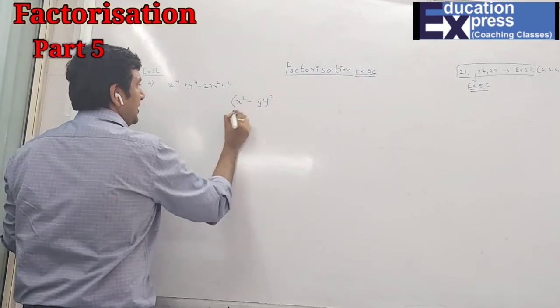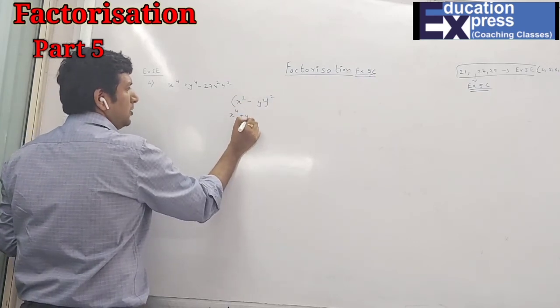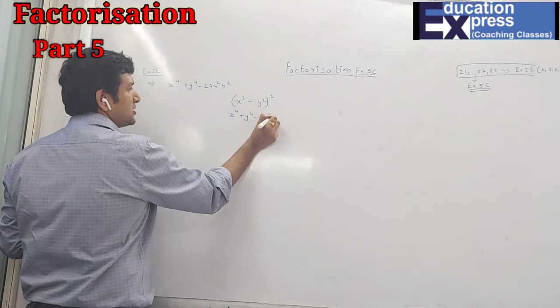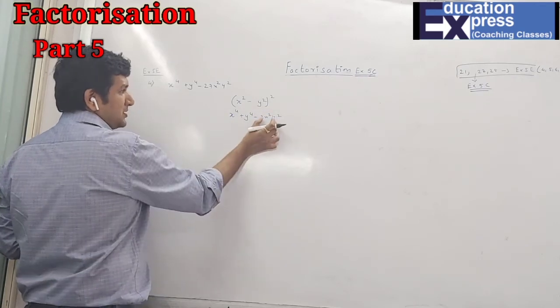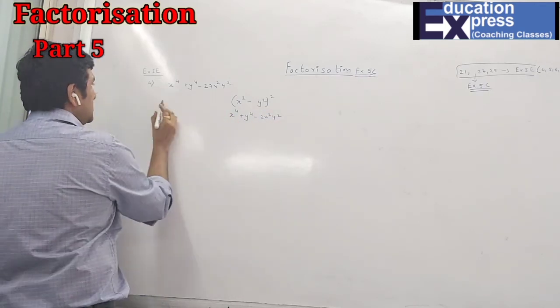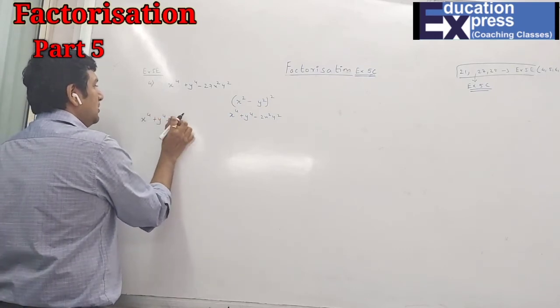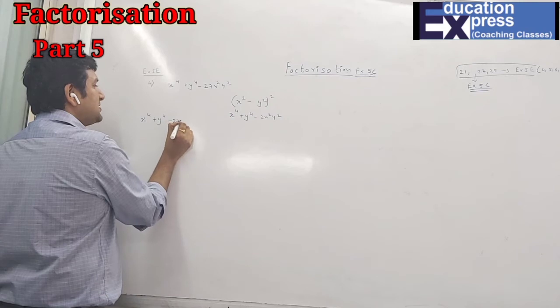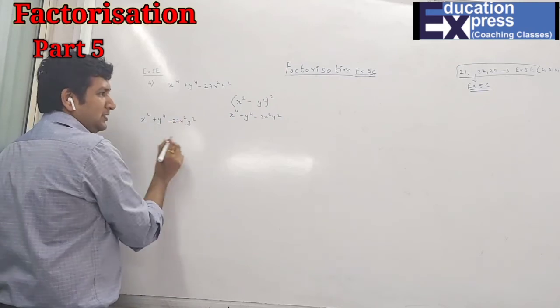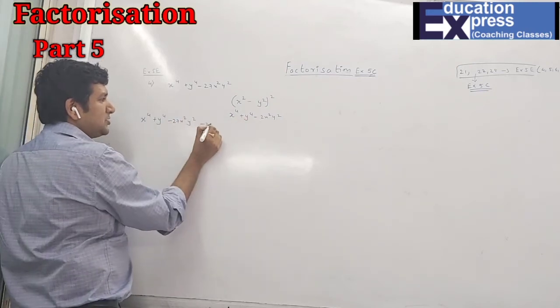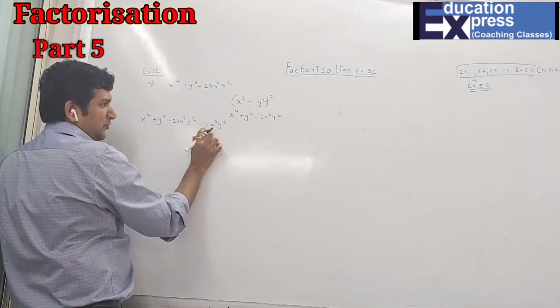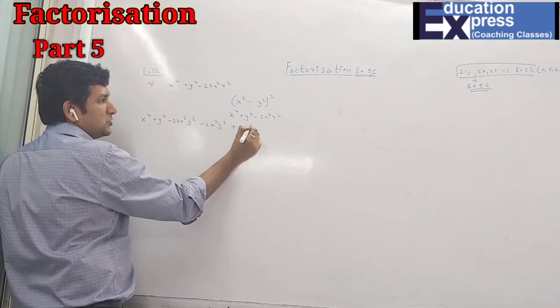If I do the whole square, I get what? x raised to 4 plus y raised to 4 minus 2x square y square. So that means obviously same thing I want over here also. So x raised to 4 plus y raised to 4 minus 27x square y square, right? Now what I want is minus 2x square y square. If I do minus, I have to do plus also.